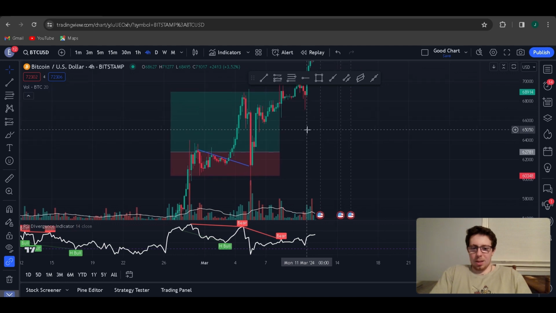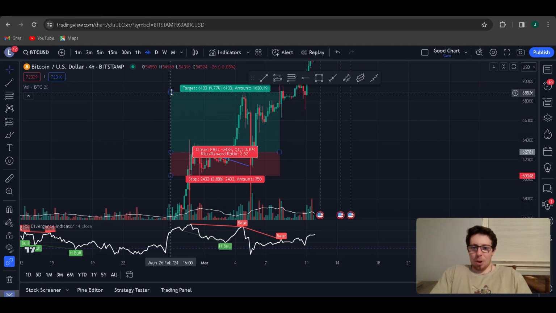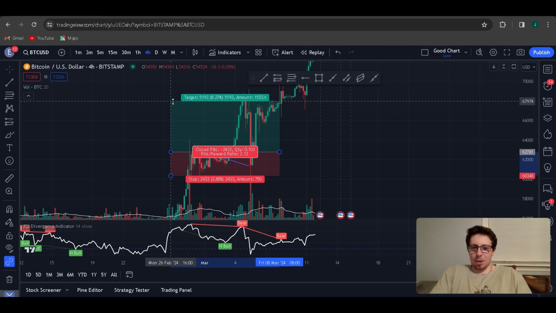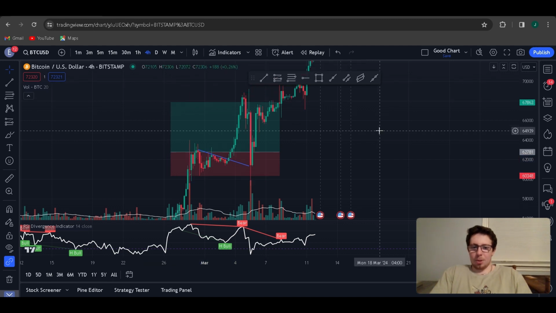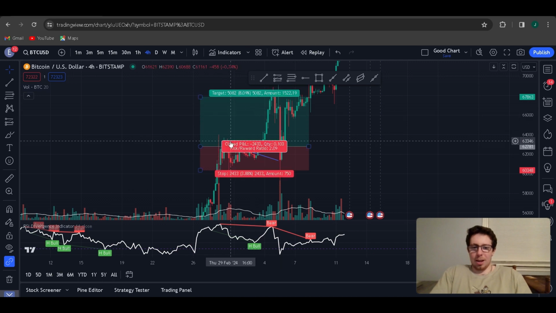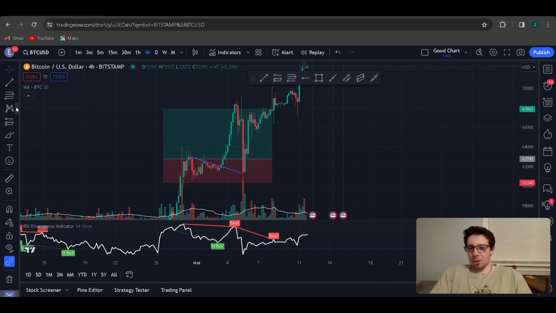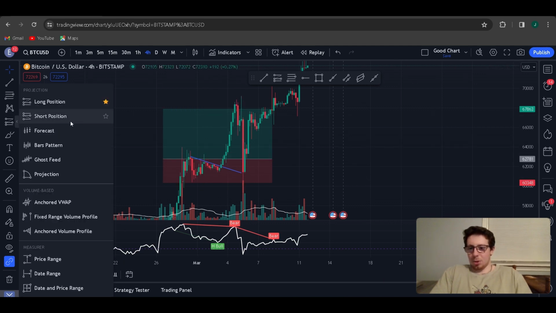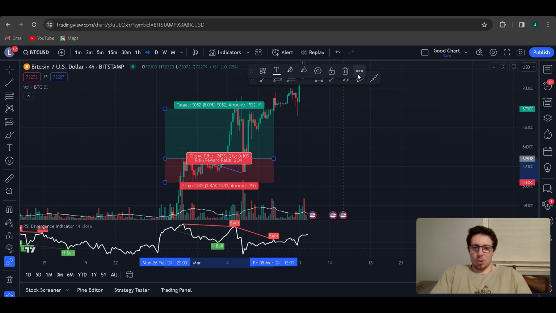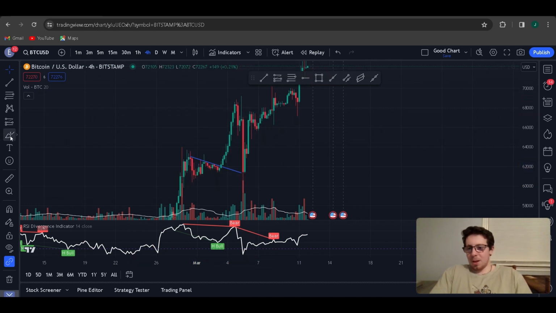And as you can see, assuming you didn't get wicked out here, you probably could have actually, no, you would have been able to set a 2-to-1 trade here and have the price come up and actually make profits on that trade. So that's a good one there. There's also the short position as well. So those are good if you just want to see your positions laid out on the chart.